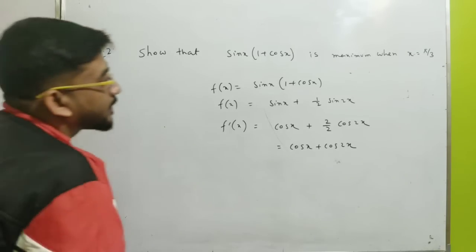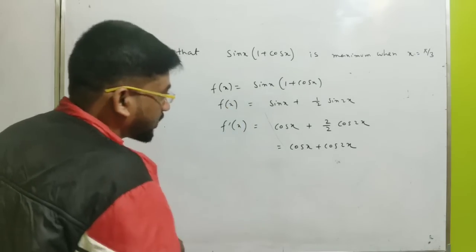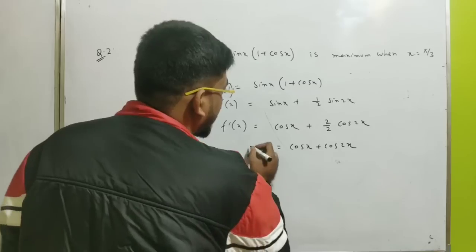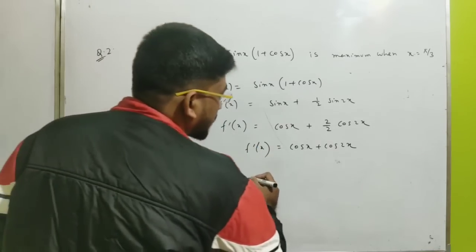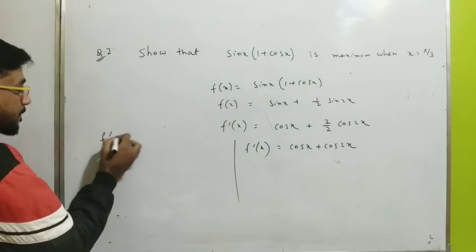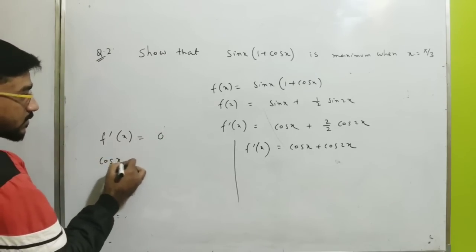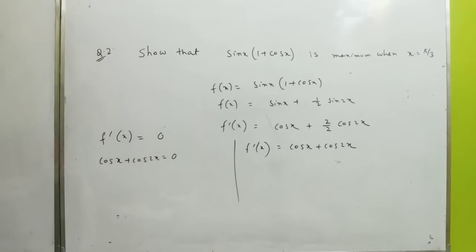If we take f prime x equal to 0, that means cos x plus cos 2x is equal to 0, and if you solve, you will get two values.